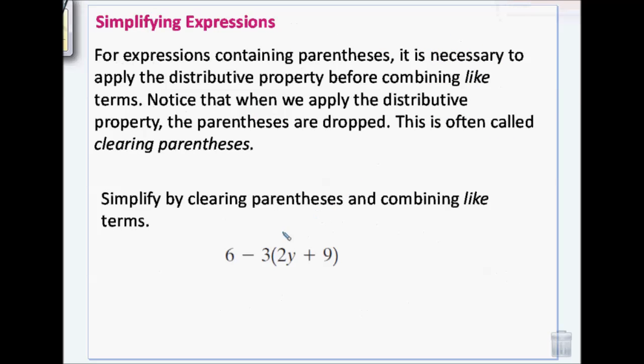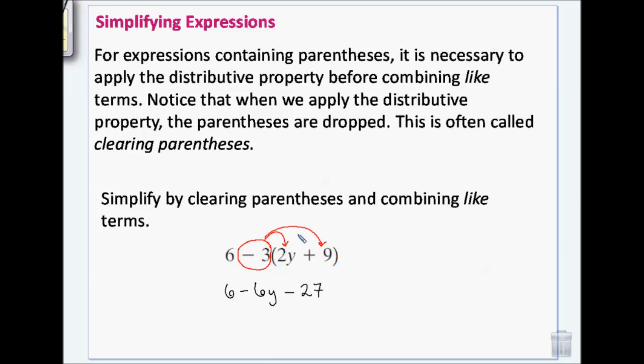Parentheses first. Like I said, there's no parentheses left when things are completely simplified. So that means we need to distribute first. So I need to take this -3 and multiply it in. So I'm going to get 6 minus 6y minus 27. Okay.